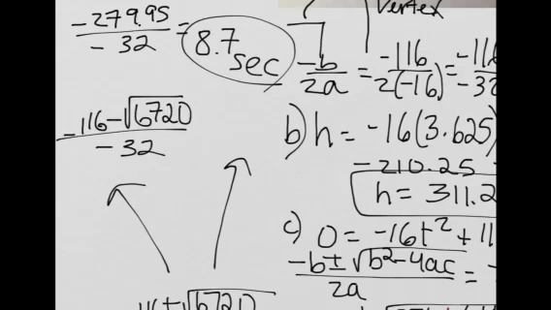Okay, so when I work it out in the calculator, I get negative 279.95 on the top divided by the negative 32. My answer here is 8.7 seconds. You could do the one with the plus, but that comes out to be a negative value. This is the correct answer for part C.